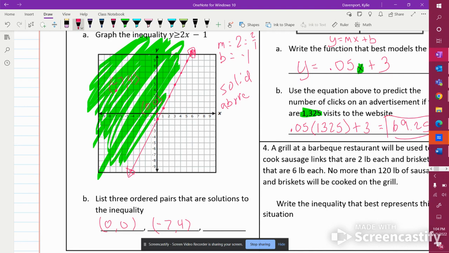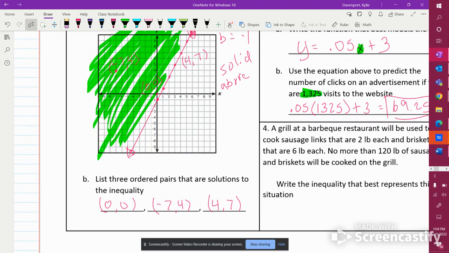Now, because this is a solid line, I can also use one of my points on my line. So 4, 7 is also a solution to this situation. Okay? Again, pause the video, work on number 3 on your own, and then come back and work on number 4.